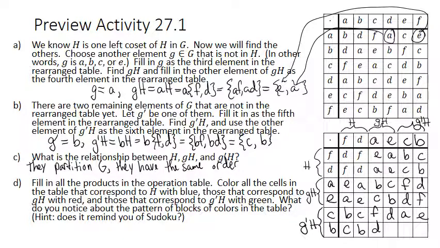For D, what am I missing? It's F, missing E, and then A.